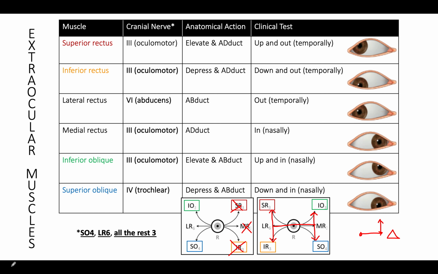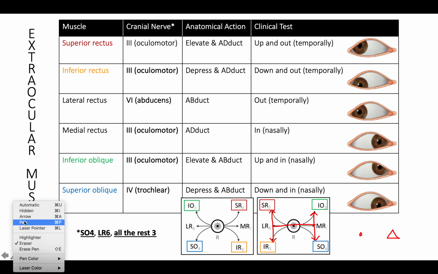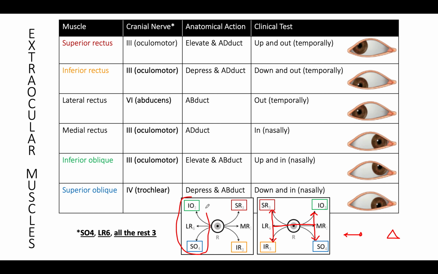So let's do another one. Let's say that I want to move my eye now out. So now it's lateral. The three things that move my eye lateral would be inferior oblique, lateral rectus, and superior oblique.